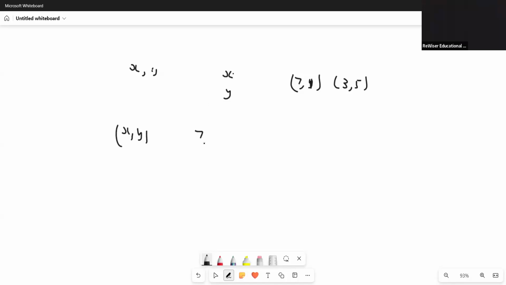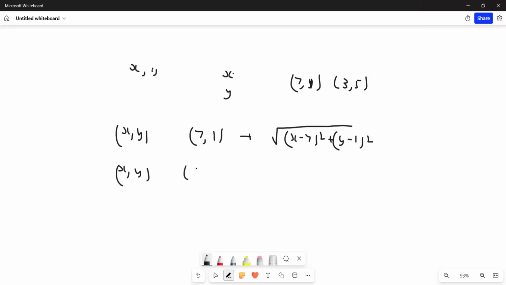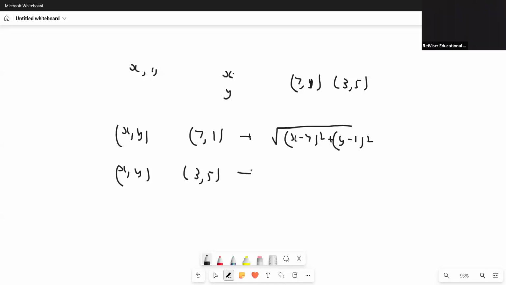Okay. Suppose the coordinates of the point are x, y. We have to get the distance from 7 comma 1, so we can write it as x minus 7 whole square plus y minus 1 whole square. Any doubts, Valencia? No, sir. Then the other point is x minus 3 whole square plus y minus 5 whole square.